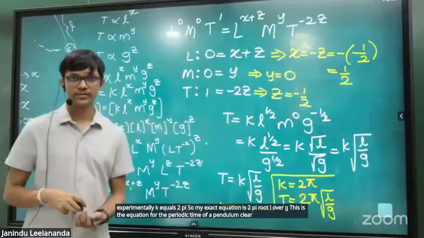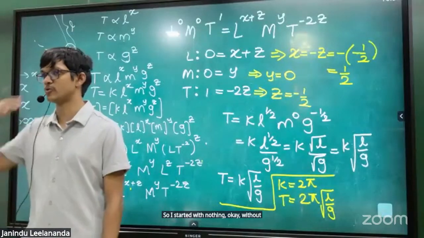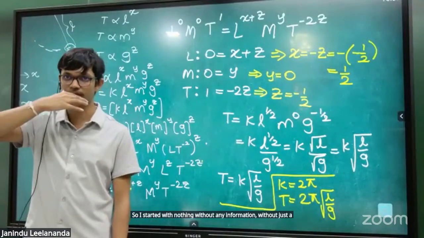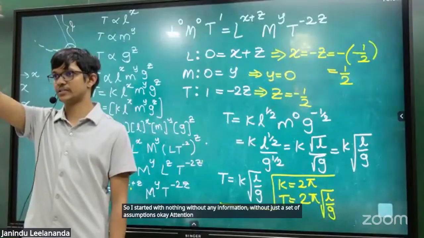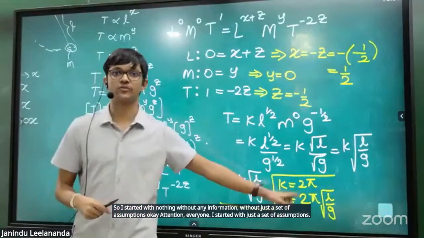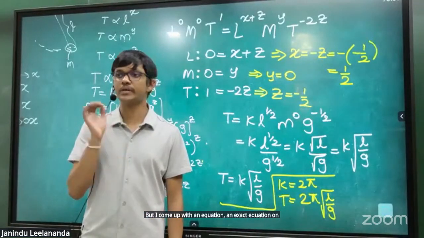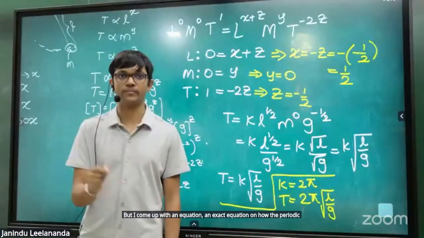Clear? So I started with nothing, without any information, just a set of assumptions, but I came up with an exact equation on how the periodic time of the pendulum depends on other stuff.